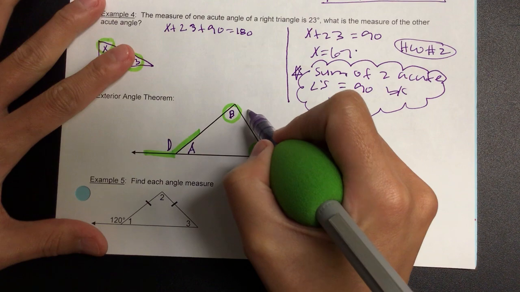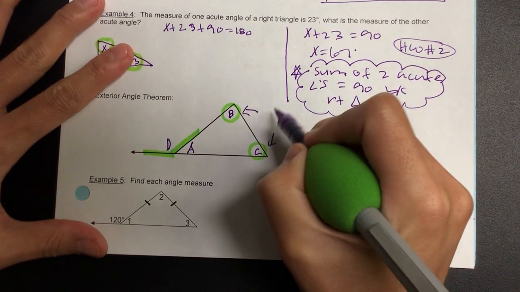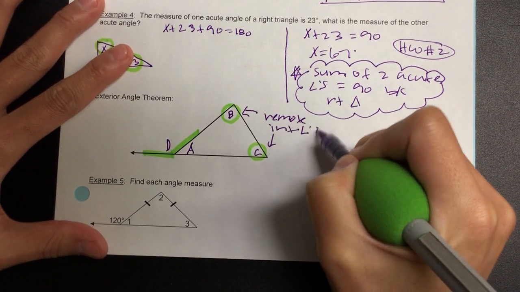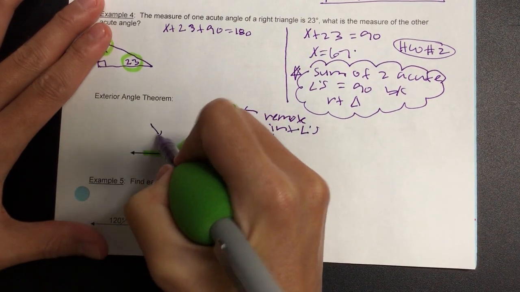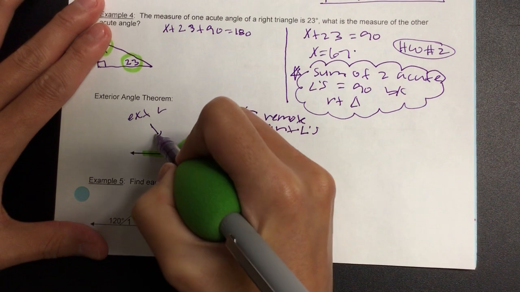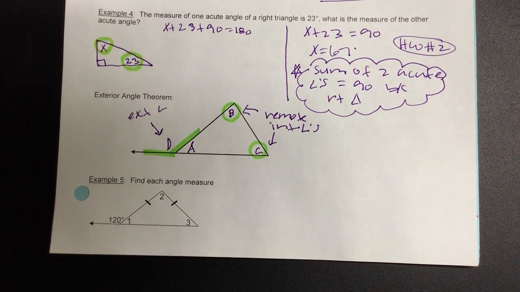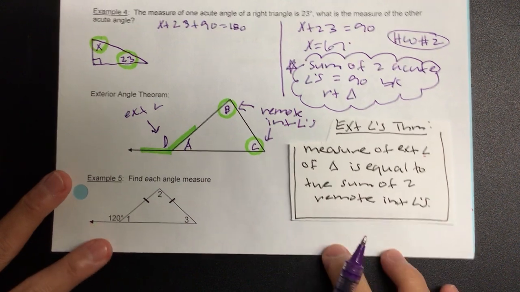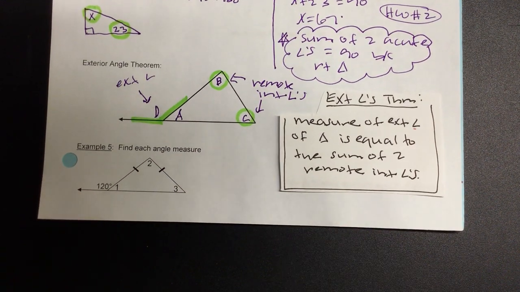So let's go ahead and name these 2. This one and this one are called remote interior angles. And then right out here is the exterior angle for the obvious reason. And let's write the theorem pertaining to this. Here's our exterior angle theorem. The measure of the exterior angle of a triangle is equal to the sum of the 2 remote interior angles.